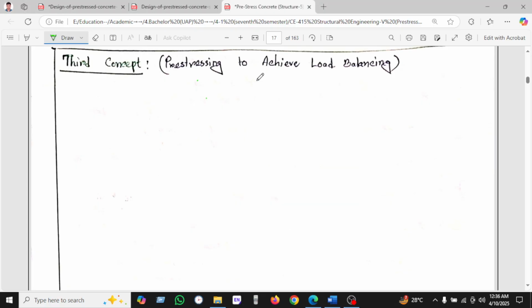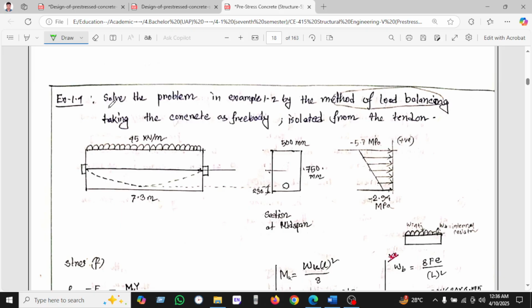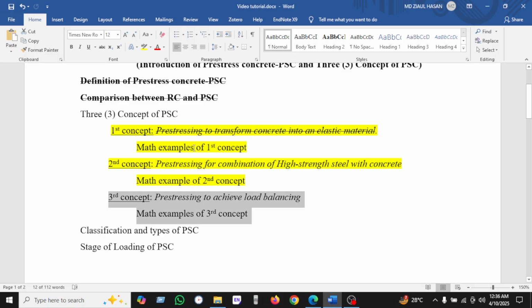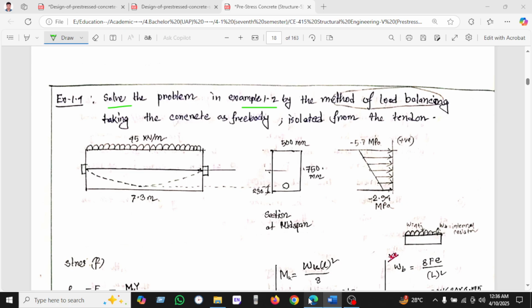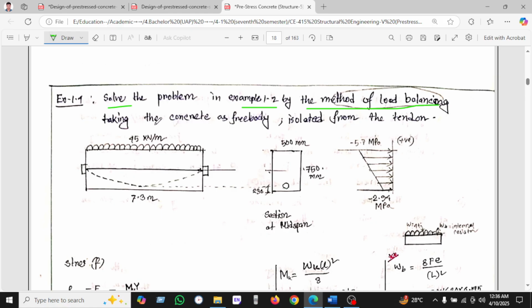To solve the problem in this example, we use the same dimensions we used in the math examples of concept 1 and 2, and the same load, but we solve it by the method of balancing: take the concrete as a free body and isolate it from the tendon.